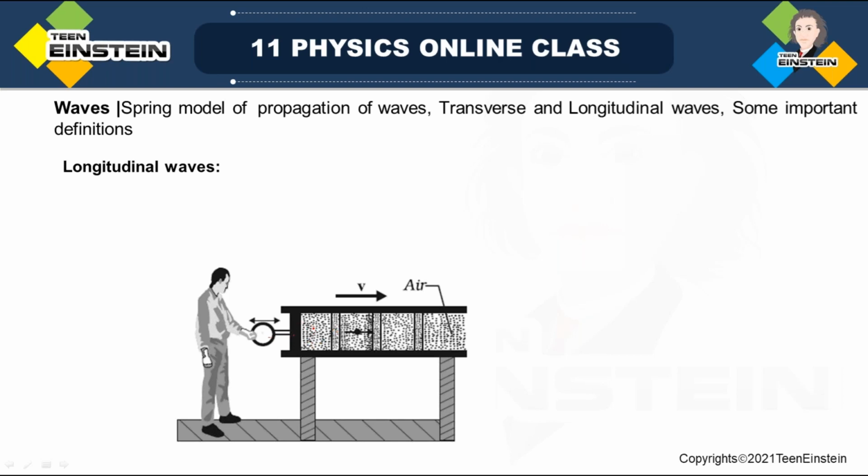The air molecules next to the piston will get compressed, and then the density or the pressure will increase. So there will be a change in pressure between this region and that region, and a kind of restoring force.